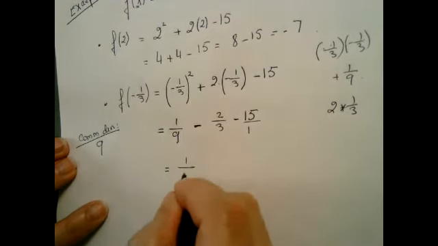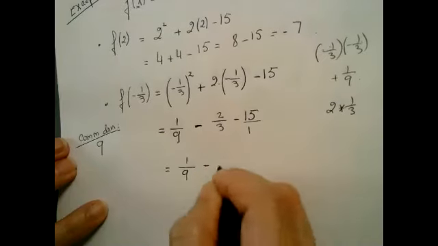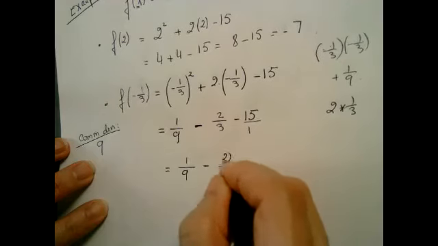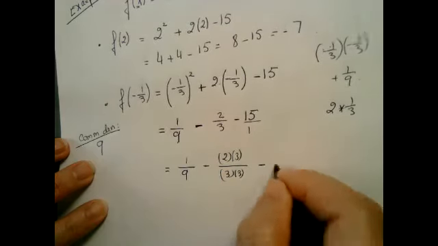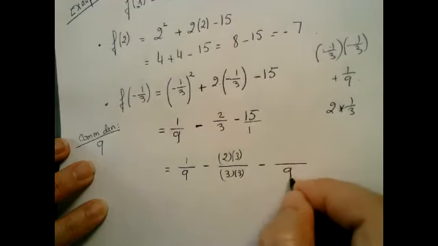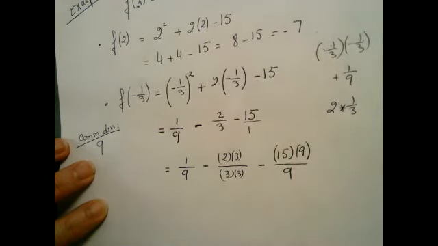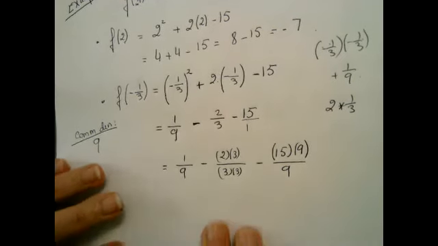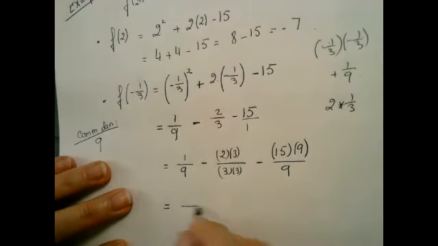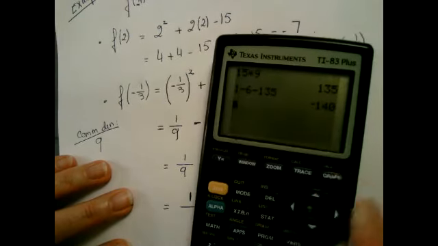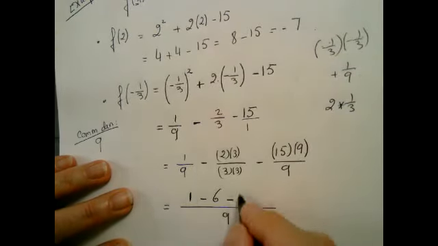So now this is 1/9, minus 2/3 has to be multiplied by 3 on top and bottom. This should be a 9, and that should be 15 times 9. Okay, so I'm actually slow. So the whole thing is over 9 across the board. I will have a 1, I will have a 6, and I will have 15 times 9, which is 135. I picked up my calculator for that.